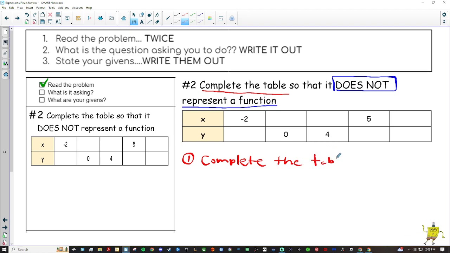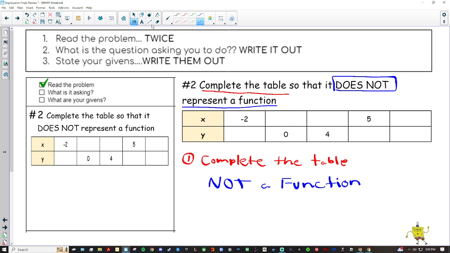Complete the table. Write it down. And we need to make sure that we do it so it's not a function. Complete the table so it's not a function.